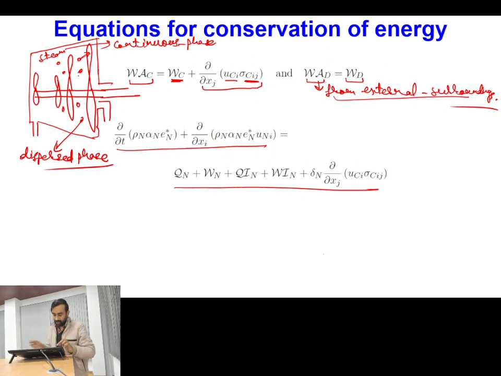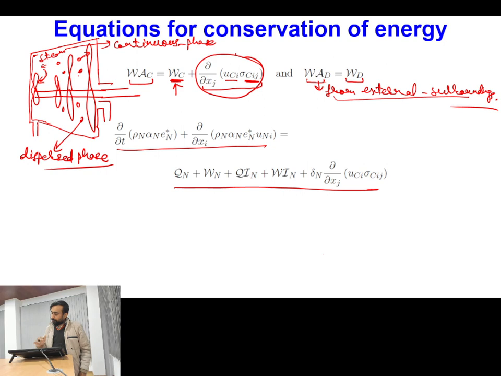Along with this, the continuous phase, which is steam, is also interacting with these blades. When this continuous phase is interacting with the blades, that work I am writing as WC. But in addition to that, the continuous phase from surroundings can also have viscous stresses other than the rotation. That is something which I have accounted for here in this second term. All are clear with this idea?